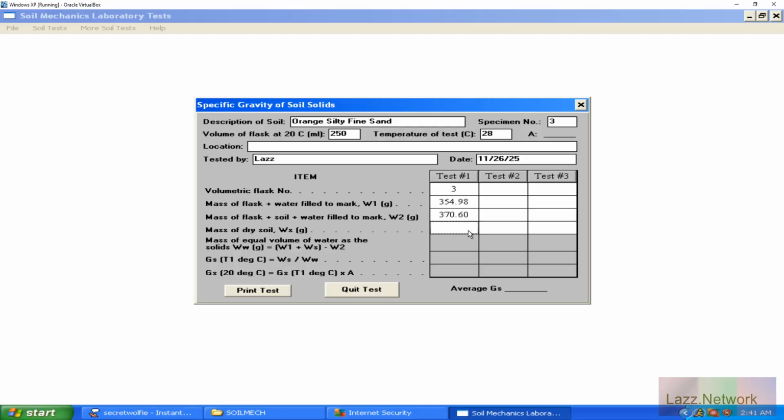All right, and then after that, we have to determine the mass of dry soil. So this is the soil that got added to the pycnometer itself before we added the water and did all this stuff. And this soil is typically dried in a 230 degree oven or 110 degree oven, Fahrenheit or Celsius.